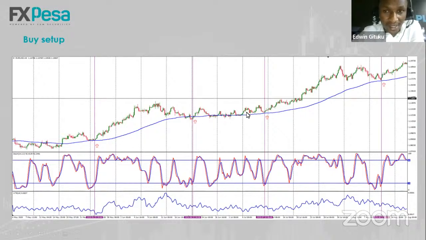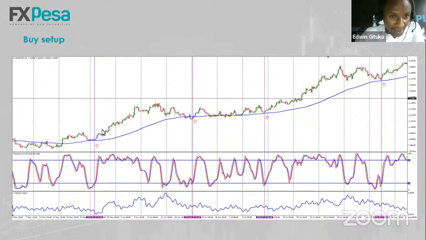In this case, since the market is trending upwards, not only will we be able to know the direction, but this moving average will also serve as a dynamic support zone. So when price comes close to the 100 period exponential moving average, ideally we'll be able to know that within that zone, we can get a support zone. So that is how we are using this moving average.